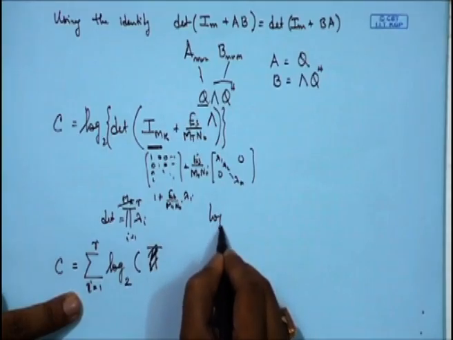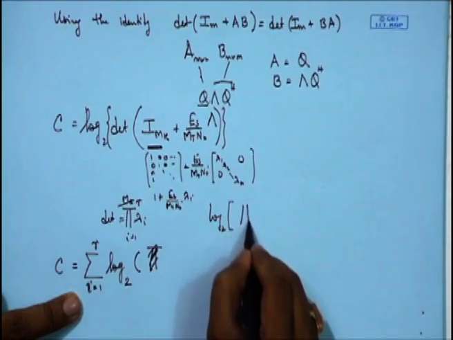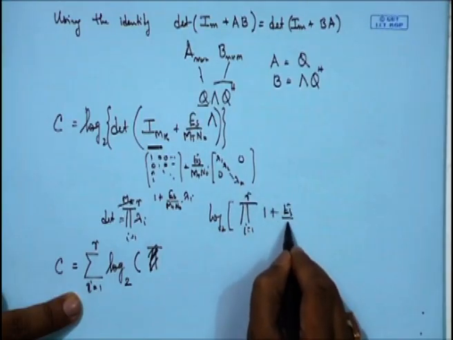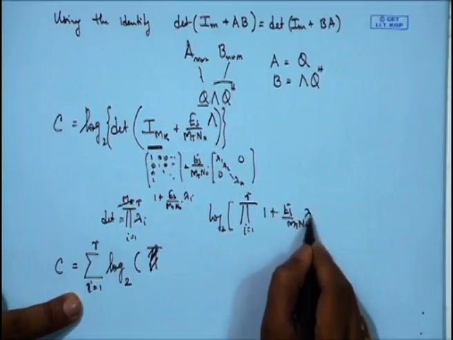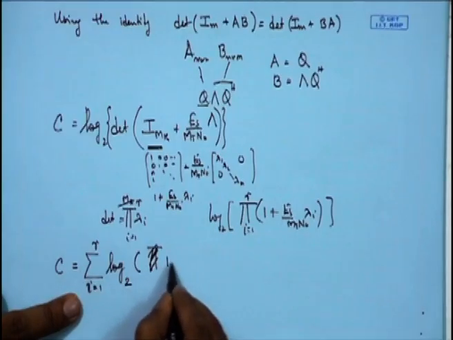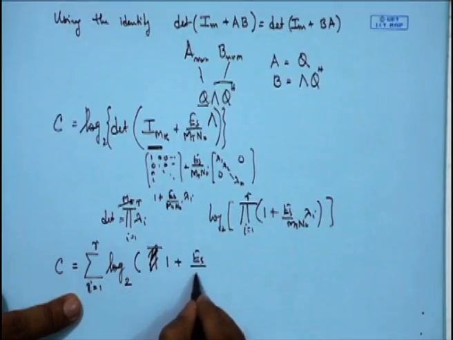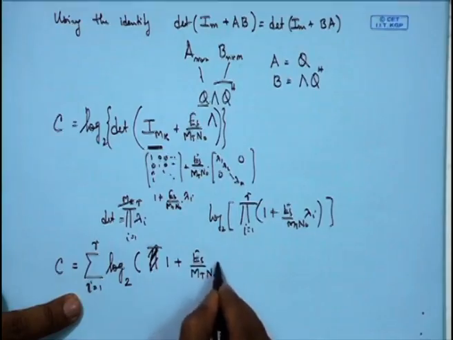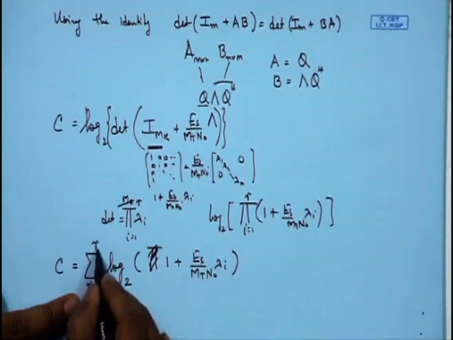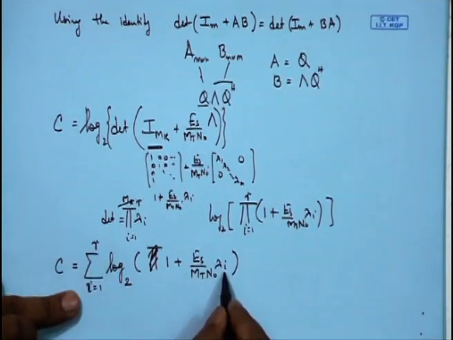The intermediate step is log 2 of the product, i equals 1 to r, of 1 plus Es by Mt N naught times lambda i. So log of a product is equal to the sum of the logs of the individual terms, 1 plus Es by Mt N naught times lambda i, where r is the rank of the matrix and the lambda i's are the eigenvalues of H Hermitian H, and all these lambda i's are greater than 0.